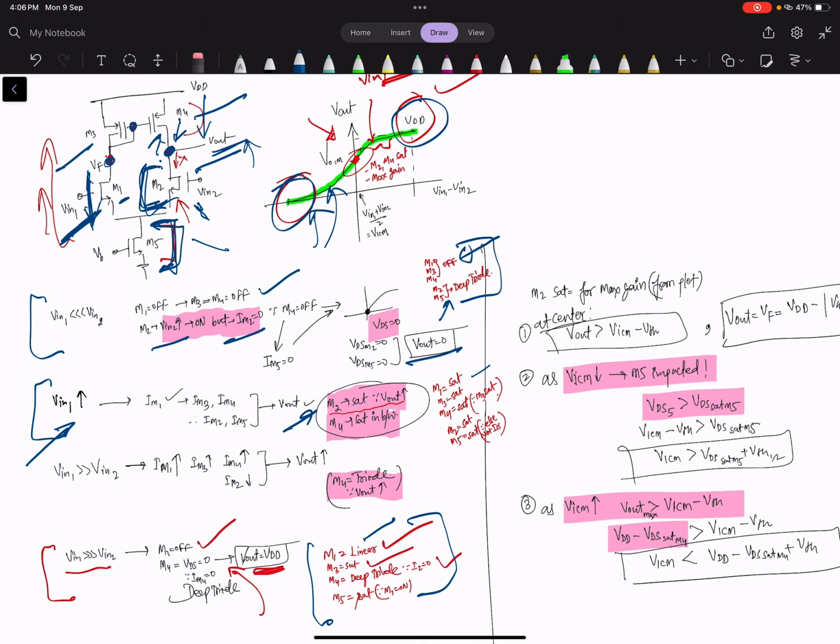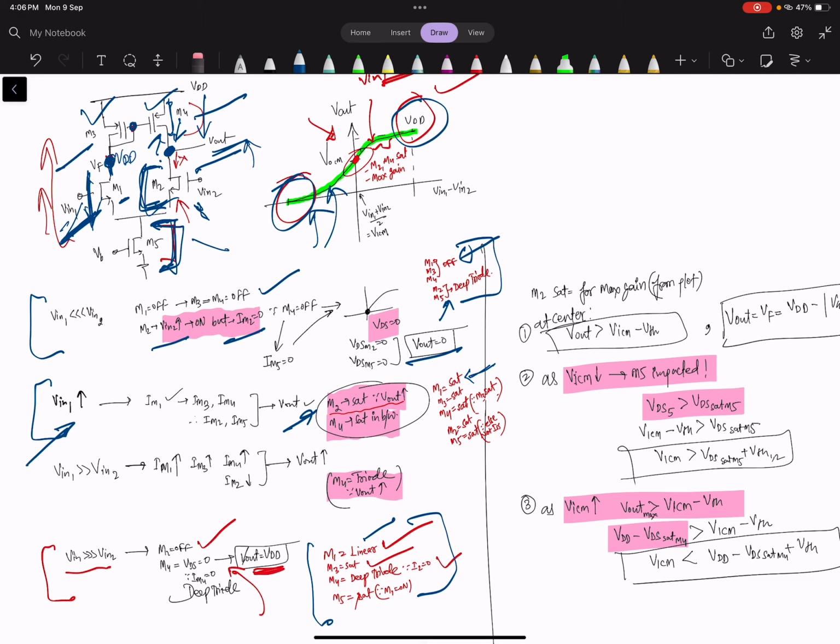When Vin is very low, there is no current here, this voltage was VDD, so still it is in saturation. And this is also in saturation. What is the state of M4? Earlier it was VDD, deep triode, so now it is going from deep triode to saturation.